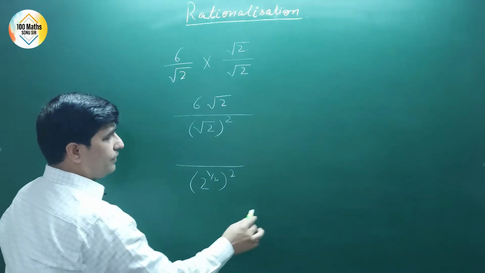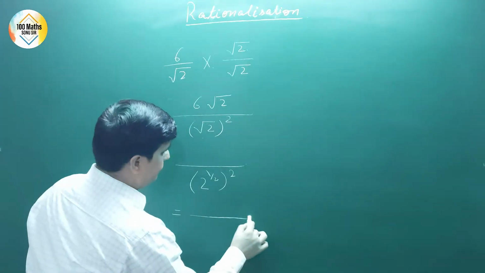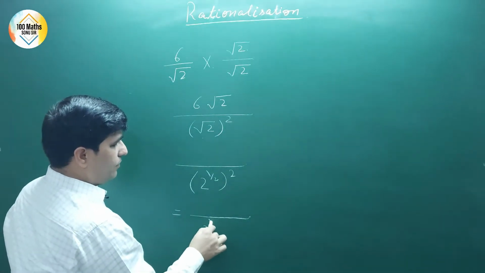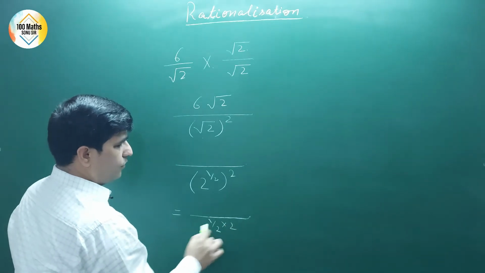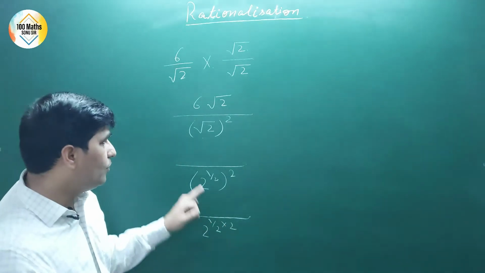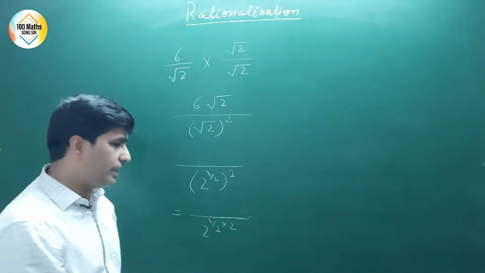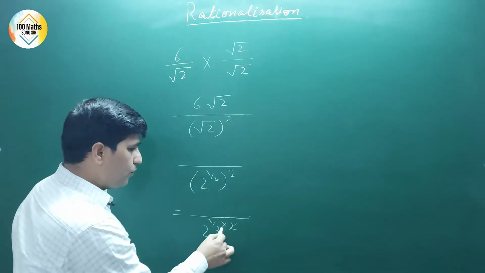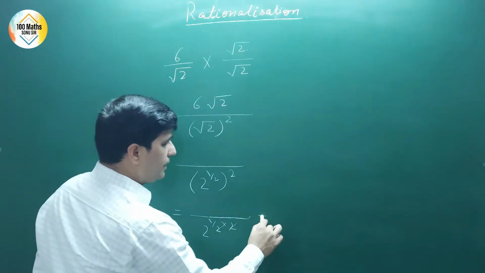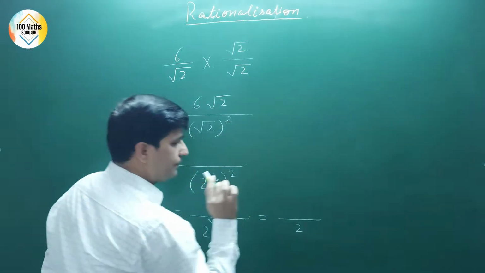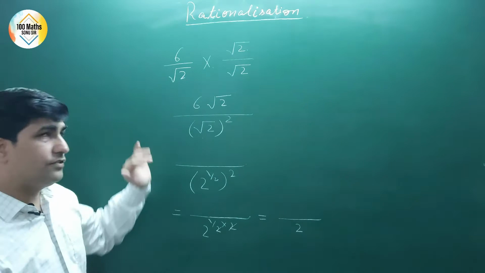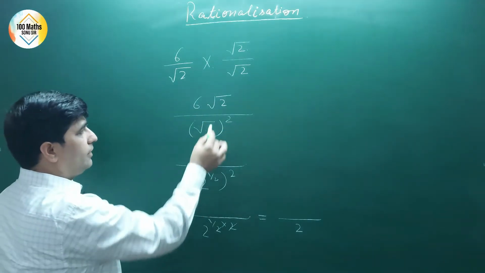So what will come? The denominator will become 2 raised to power 1/2 into 2, right. Exponent law, you know, x raised to power a and then power b becomes x raised to power ab. 1/2 and 2 will vanish, so denominator is coming 2 only. Now we will see the numerator.